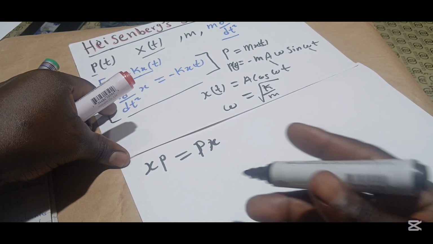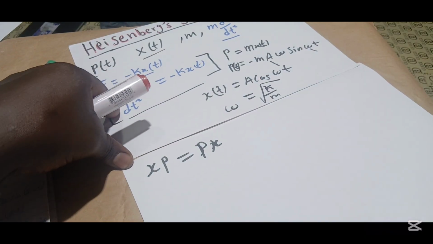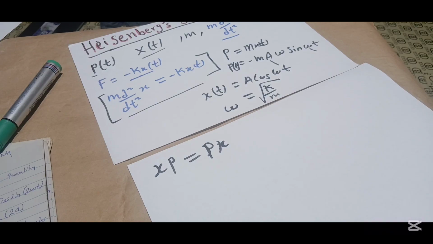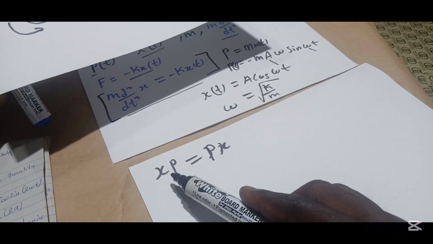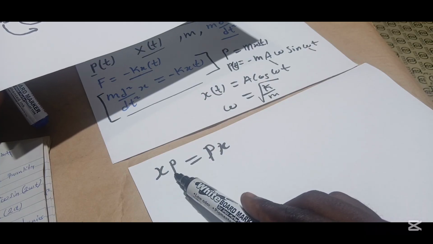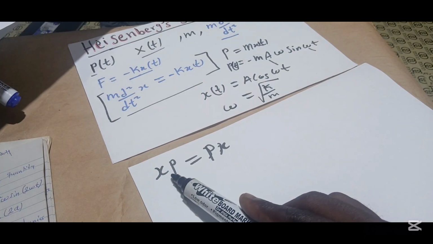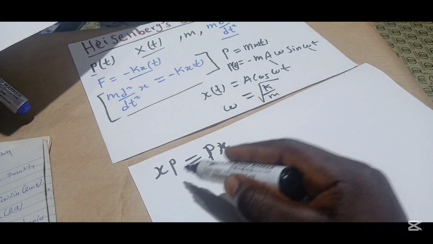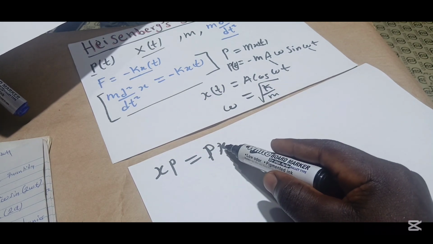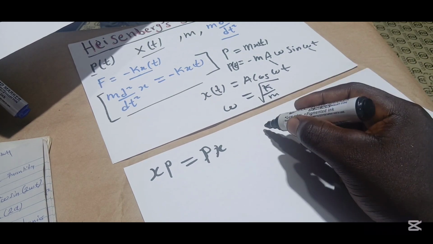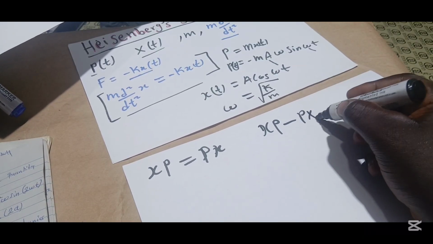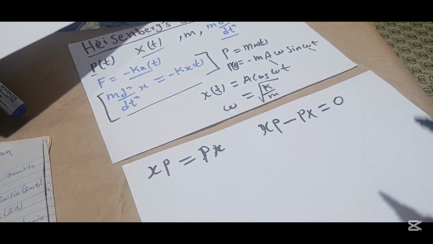So if we transfer this idea of commuting and non-commuting operators, assuming x is a position operator and p is a momentum operator, if we multiply x by p, the result will be the same as p by x, which means that xp minus px is going to give us 0.